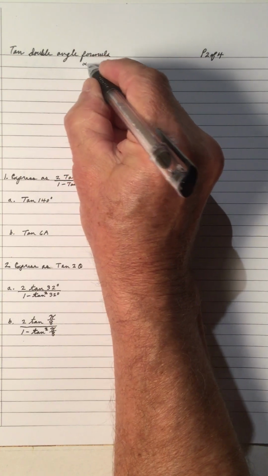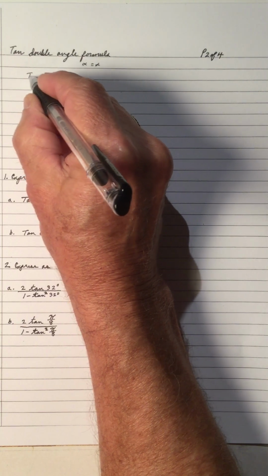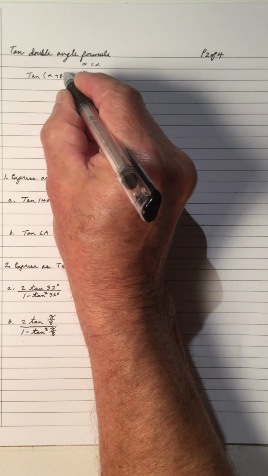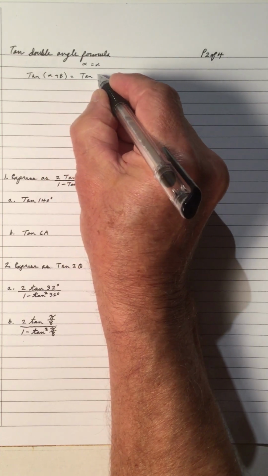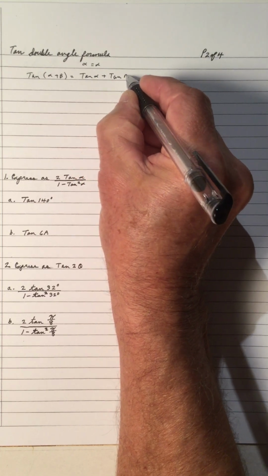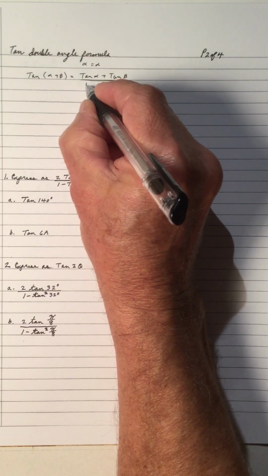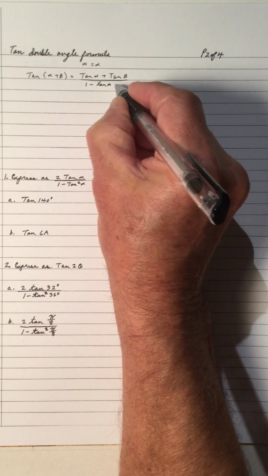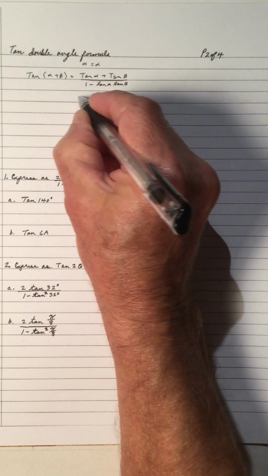If we let alpha equal beta, the addition formula for tan of alpha plus beta is tan alpha plus tan beta, divided by 1 subtract tan alpha tan beta.